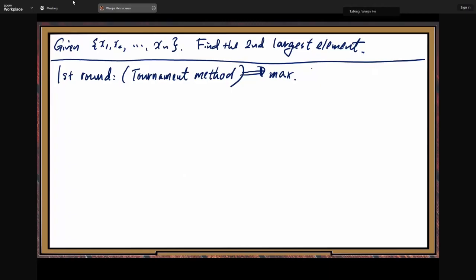But the thing is, it's not easy to address all the details for all rounds, right? Because in each round, you may have an odd number of players, so one player could be idle and move to the next round directly without playing.